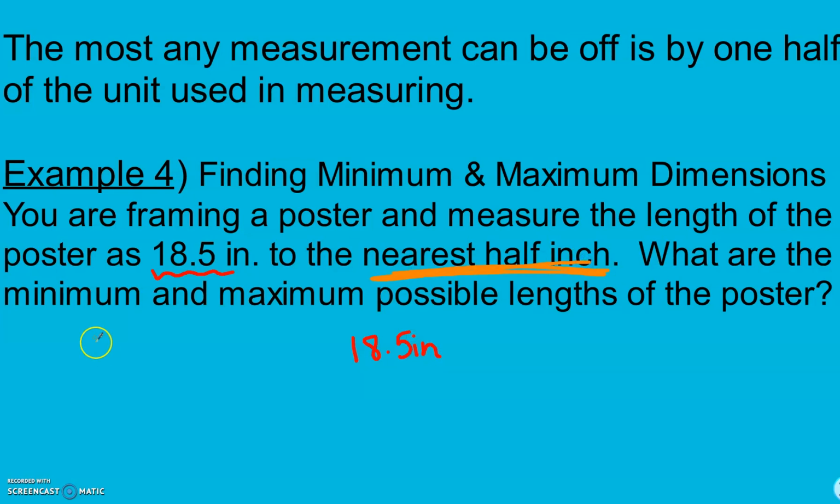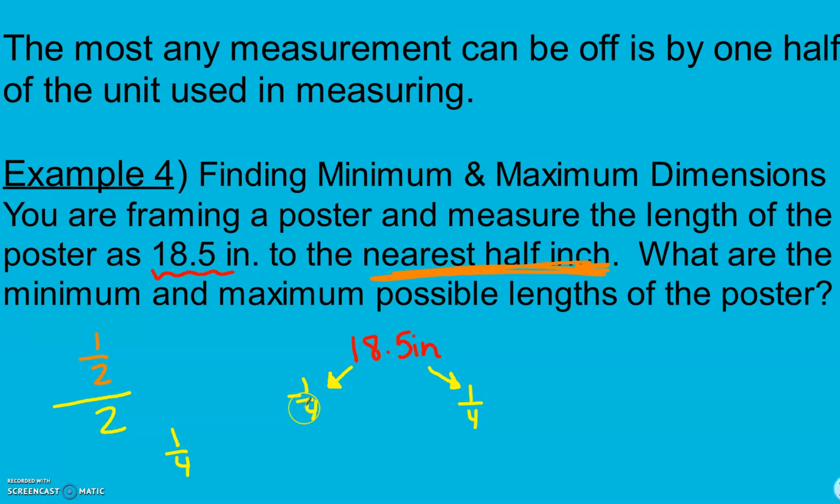So that half inch is what we're going to use to figure out how far away we could be. We're going to take that and divide it by 2, and we get 1/4 inch. So I could have had 1/4 inch this way and 1/4 inch that way, and it would have rounded to that 18.5 inches.